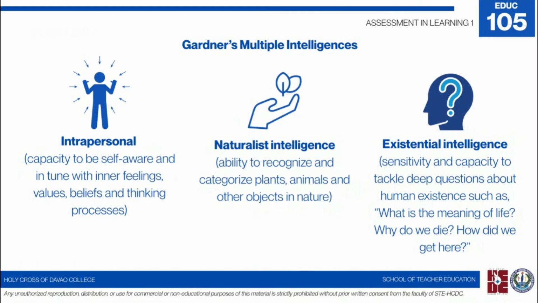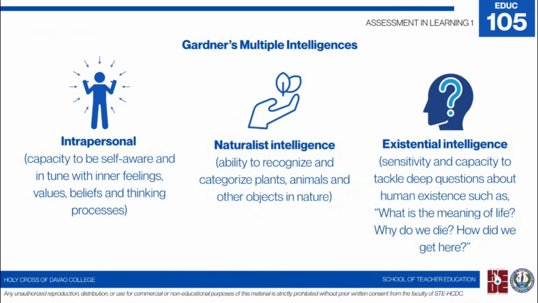And lastly, the existential intelligence. This is the sensitivity and capacity to tackle deep philosophical questions about human existence. Questions like, what is the meaning of life? Why do we die?